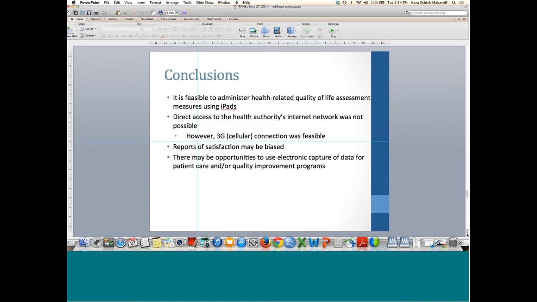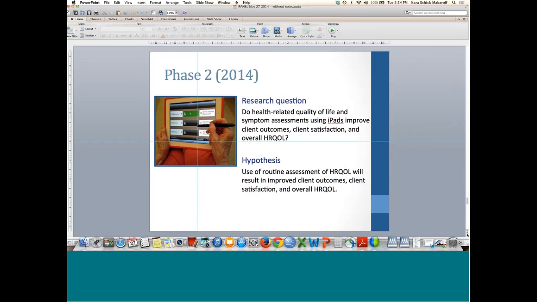So in phase 2, I'm really interested in addressing how electronic capture of patient-reported outcome measures can be used in patient care. So this is what we are doing right now. In fact, it's where I was this morning. So the goal is to put patients' electronic reports of quality of life directly into the hands of their nurses. So phase 2 involves both the patients and the clinic nurses as research participants.